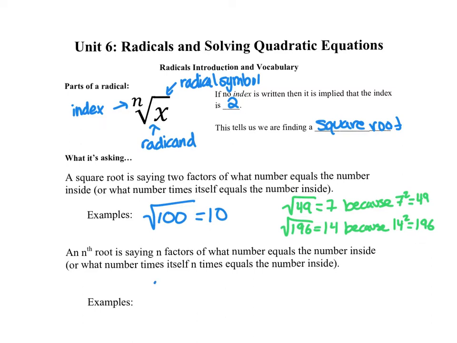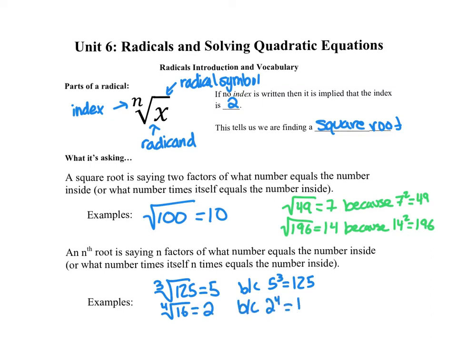We might be taking a cube root, so the cube root of 125 is 5 because 5 cubed equals 125. Or we may be taking a fourth root. The fourth root of 16 is 2 because 2 to the fourth is 16. So we know that our radicals are the opposite of our exponents.